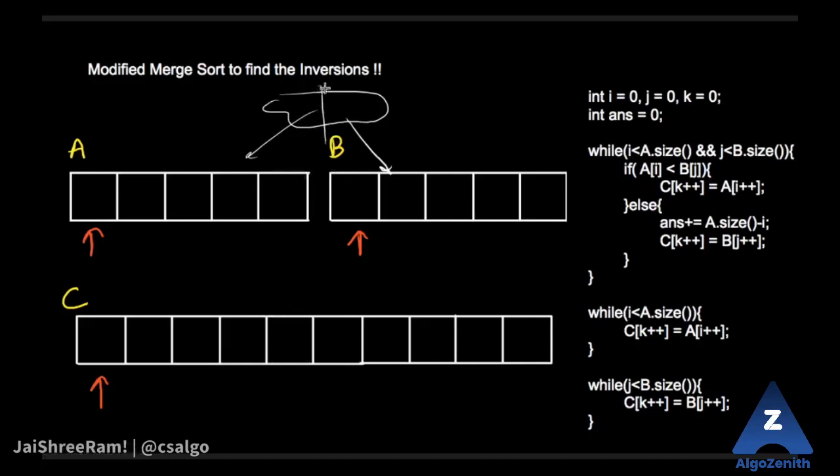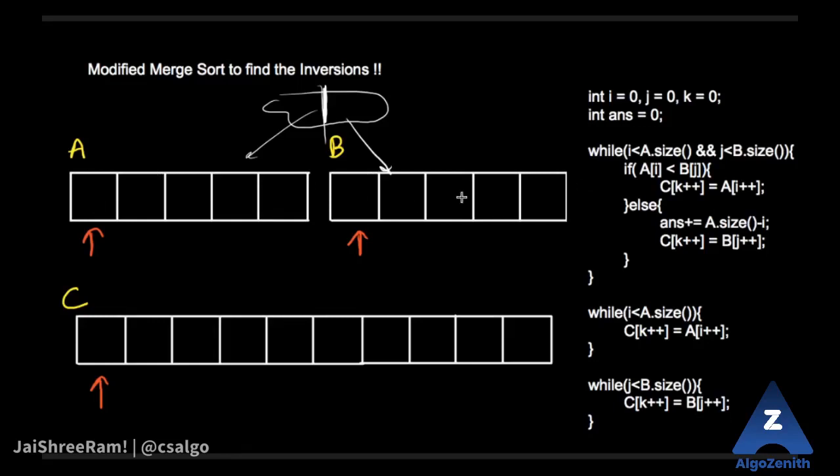Now we know that we split it in the middle, so all the elements in B are after the elements in A in the original array. This is for sure true. Once they get sorted together and mixed together, we don't know where each of them will lie, but since we split it in equal parts first and then combine them from bottom to up, we know that all these elements lie before all these elements in the original array.